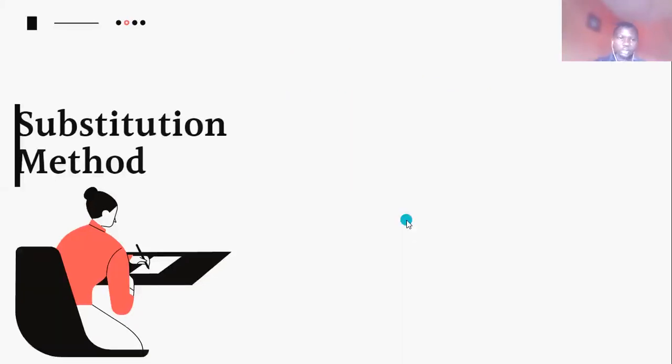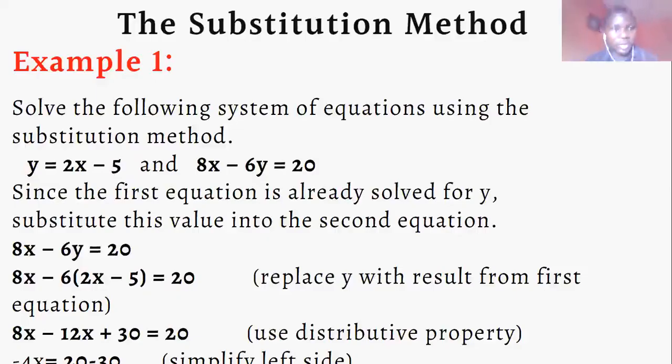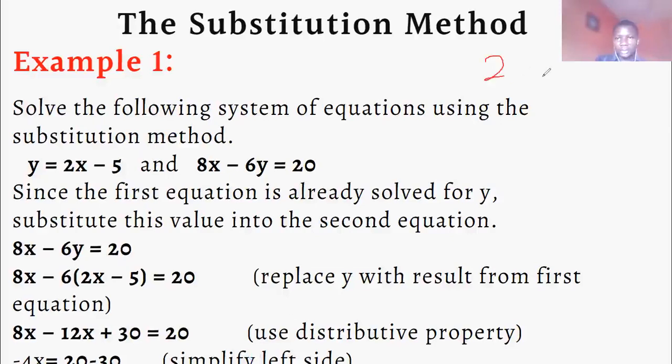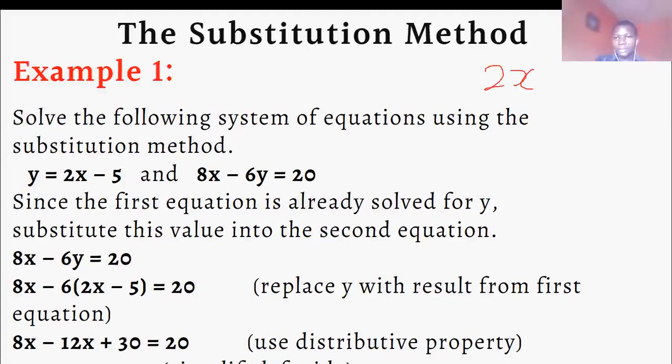So let us solve. For the substitution method, we are looking at this problem on the screen. We are given this particular question, 2x minus 5 is equal to minus y.